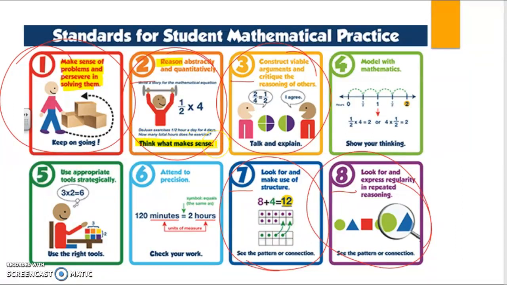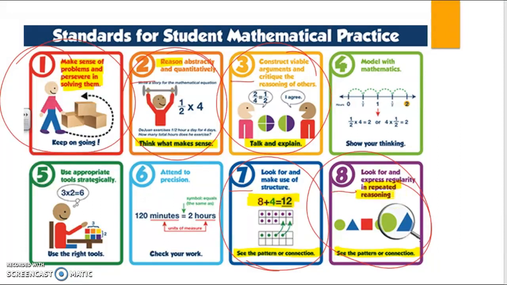And I think about what makes sense. And you also should be able to talk and explain your thinking, maybe to someone in your family or even to yourself. And we should always be looking for patterns or connections between numbers. We can look at the structure of an equation, and we can also look for repeated reasoning.